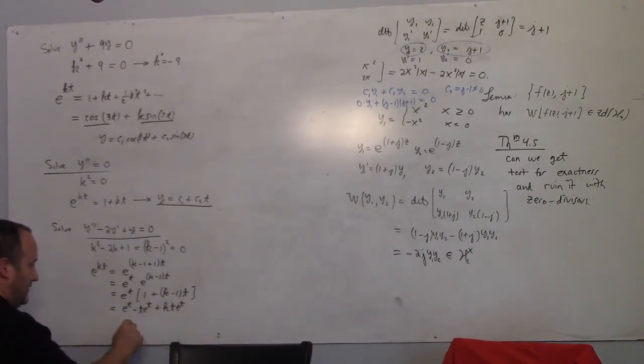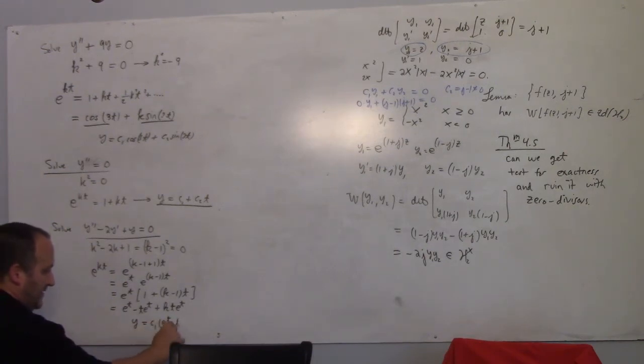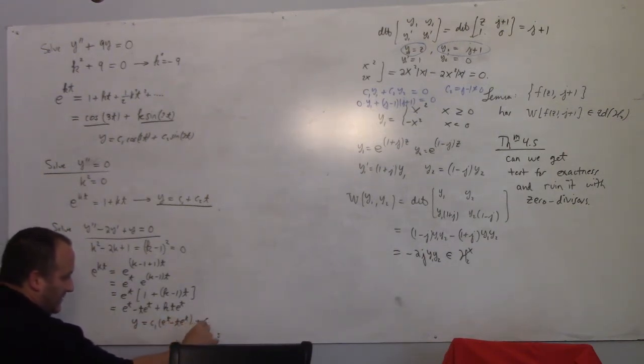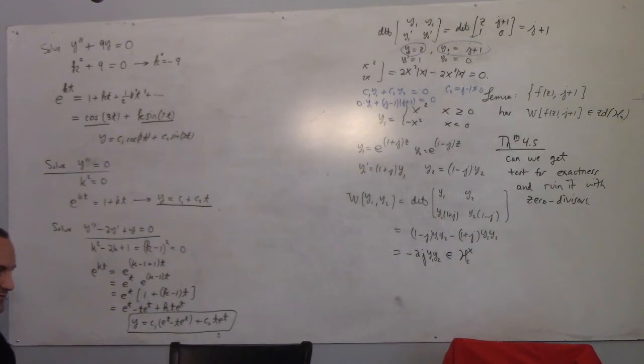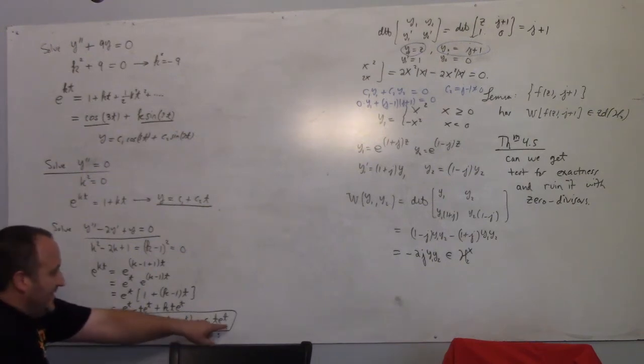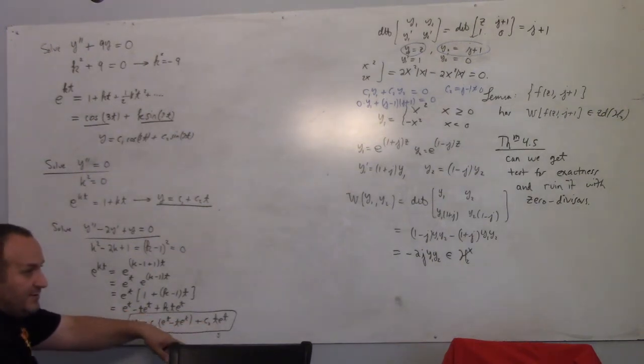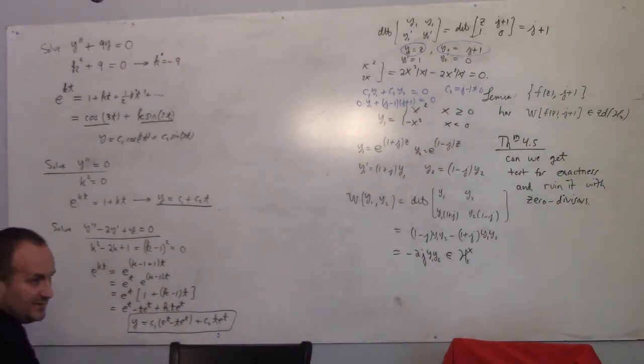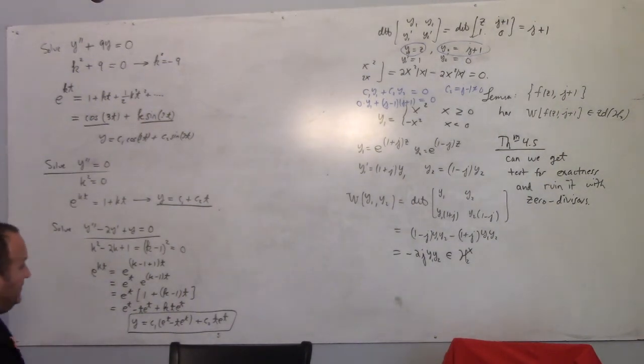So in this case, y is equal to c1 times (e to the t minus t e to the t) plus c2 t e to the t, is the way I would do it, just on the basis of the method. Of course, you identify that we've just subtracted a copy of this over here. So you can get rid of this and just have e to the t plus t e to the t, which of course you can recognize is what you should have here because you have a repeated root of 1.